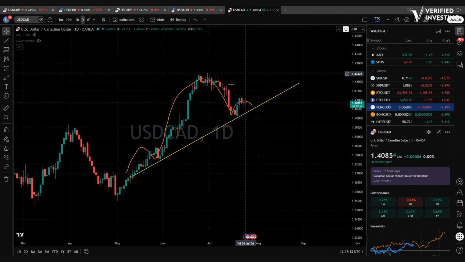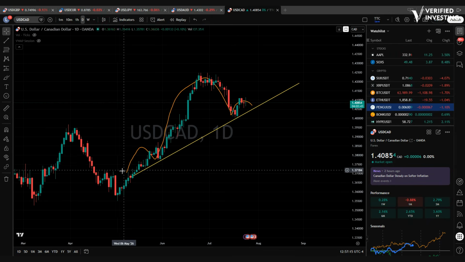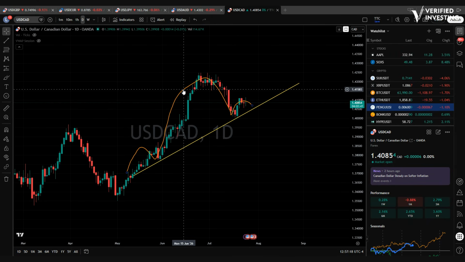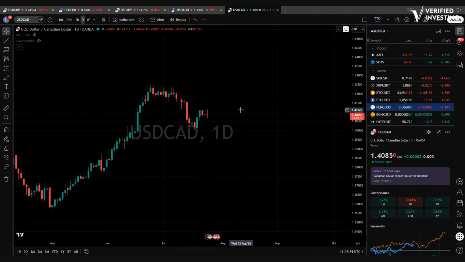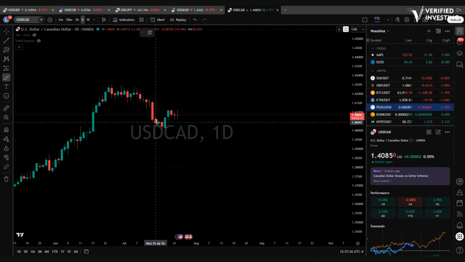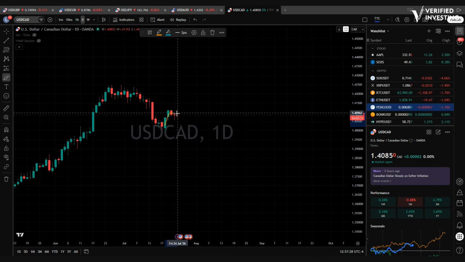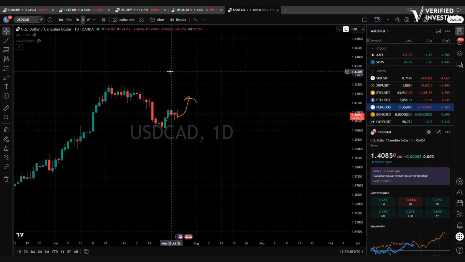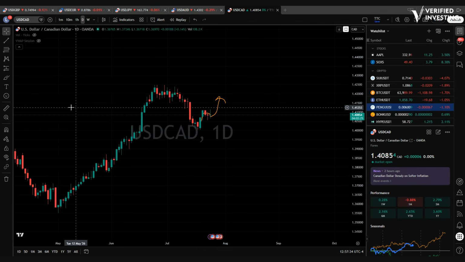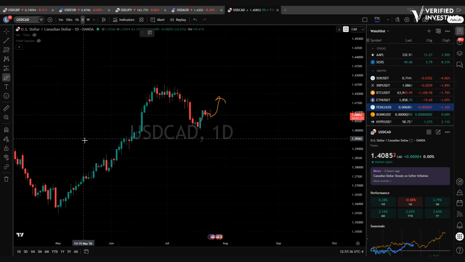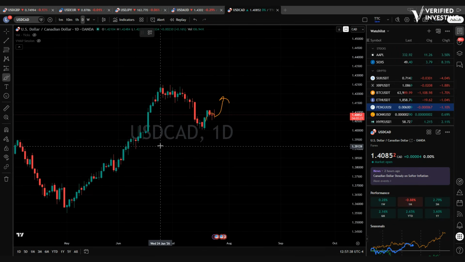I apologize, this left shoulder is supposed to come down to here, but shoulder head shoulder there on the USD compared to the Canadian dollar. But if you look a little closer, you're starting to pull in a potential bull flag, right? Nice move up, sideways consolidation, kind of favoring a move higher.